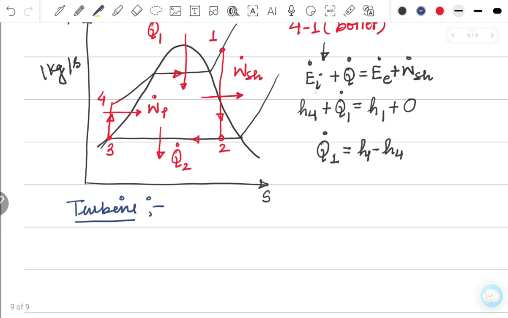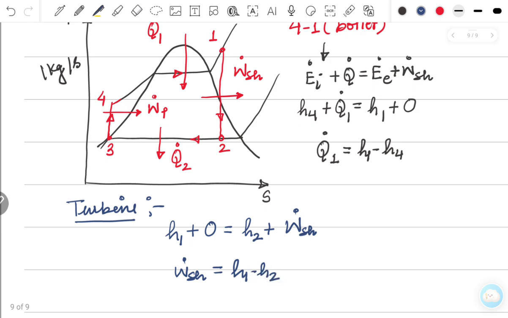So again, if you apply the steady flow energy equation, the energy which is entering at point 1 is the enthalpy H1 plus, as this is reversible and adiabatic, no heat interaction, and that will be equal to the energy exiting at 2, and the shaft work which we are getting is W dot shaft. So the amount of work which we will be getting from the turbine will be H1 minus H2.